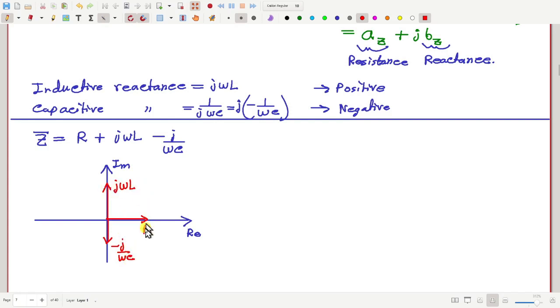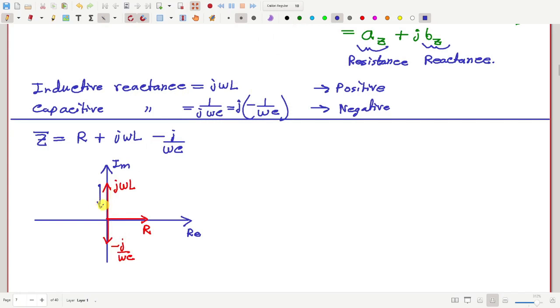Now if you add all these complex numbers the way we add vectors, using the parallelogram law, what will we get? We may start this minus j by omega C from here.